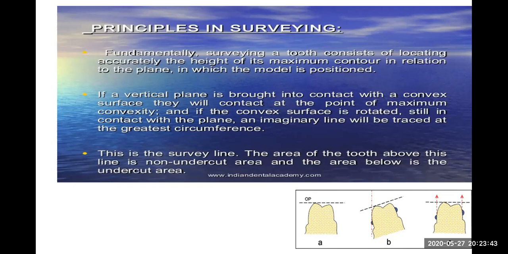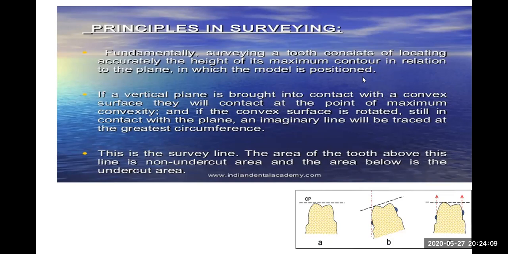In other words, finding out the most bulbous aspect of a tooth in relation to a plane, and the plane usually is the occlusal plane, locating the contour in relation to the occlusal plane.